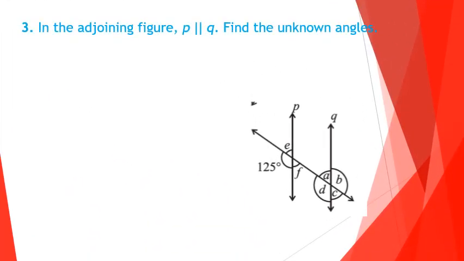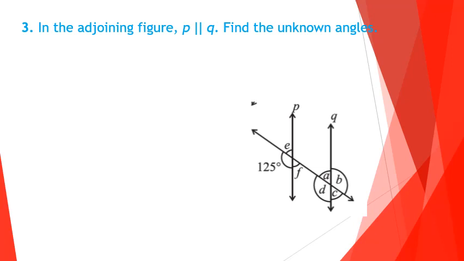Next, our third question. In the given figure, P is parallel to Q and one angle is given, that is the exterior angle 125 degrees. Other angles are marked as A, B, C, D, E and F. We have to find the measures of these angles.